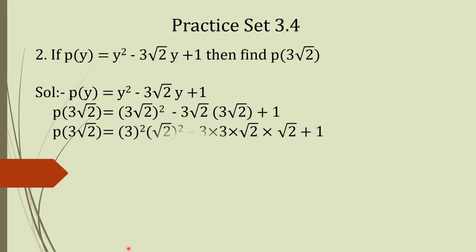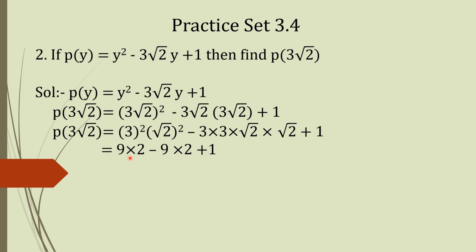Then our next step, students, what will happen? Now here the square goes to both 3 and root 2, so 3 square into root 2 square, minus, we'll multiply the coefficient here, 3 into root 2 into root 2, plus 1. You know 3 square is 9 and root 2 square will be 2, minus 3 times 3 is 9, and root 2 into root 2 is 2, plus 1.